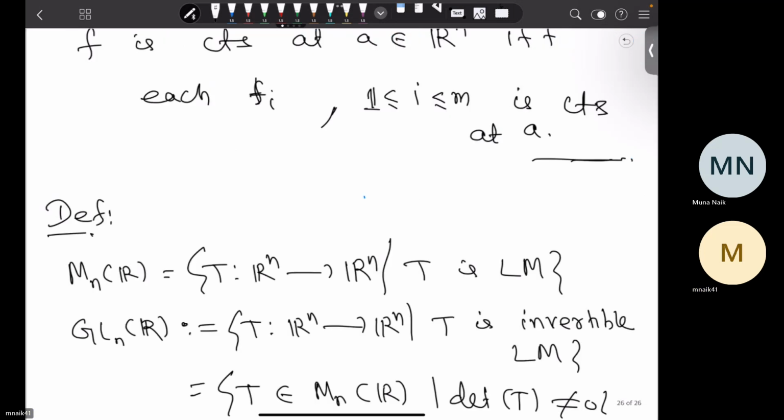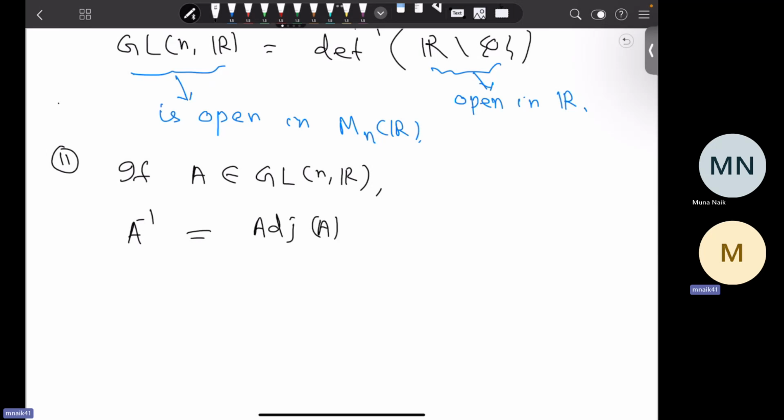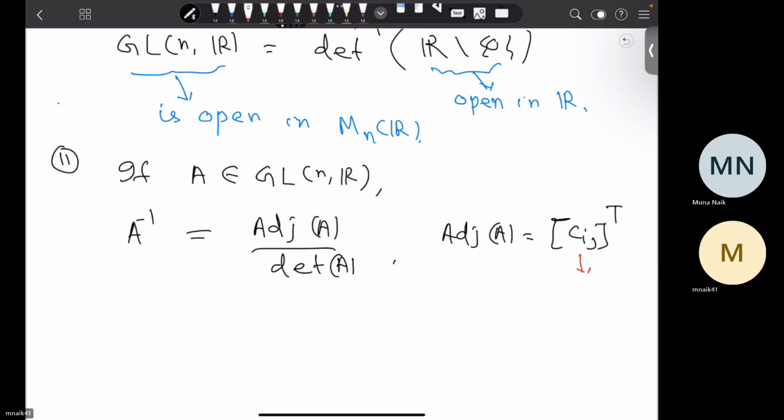The second thing is also clear. If A belongs to GL_n(R), A inverse is the adjoint of A divided by the determinant of A. The adjoint of A is the transpose of the cofactor matrix, where C_ij is the cofactor, obtained by removing the ith row and jth column and then taking the determinant.